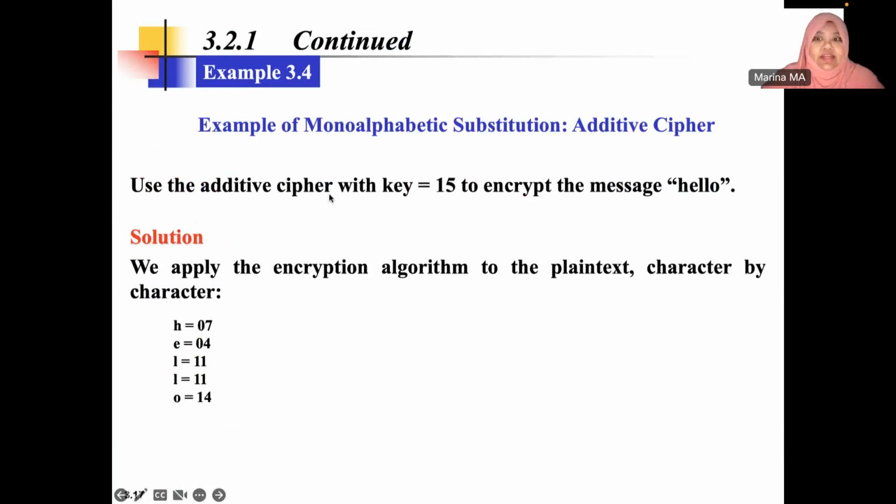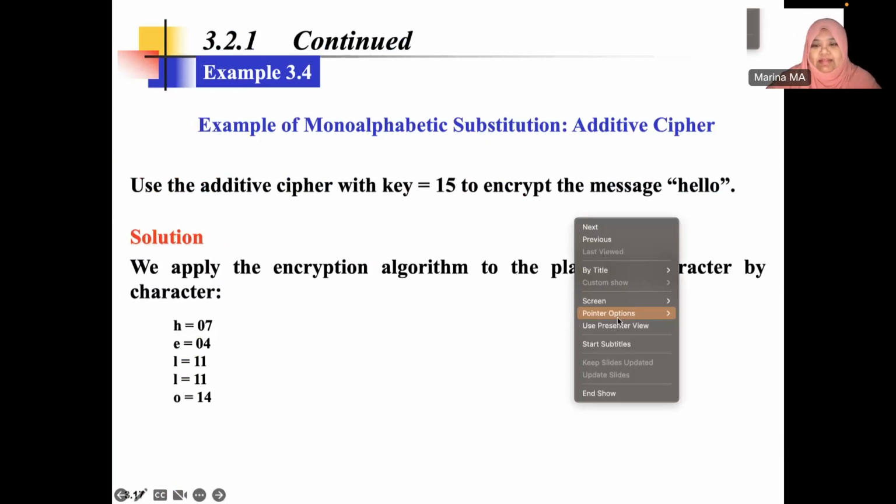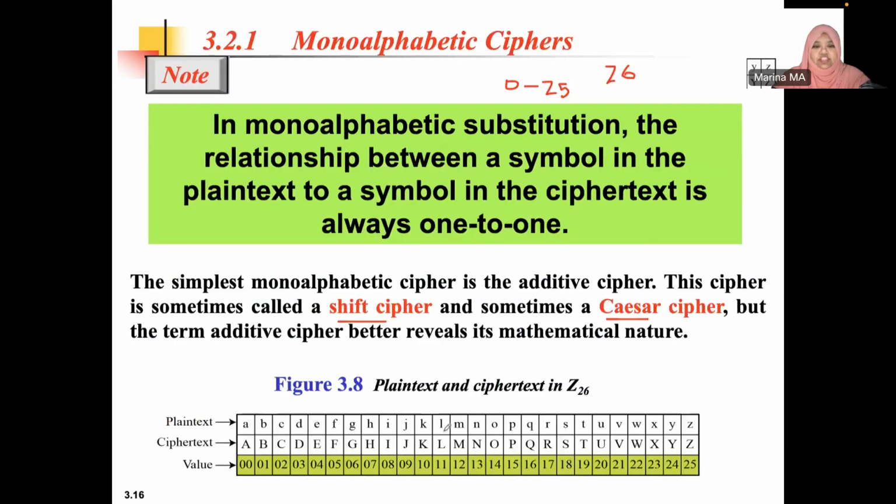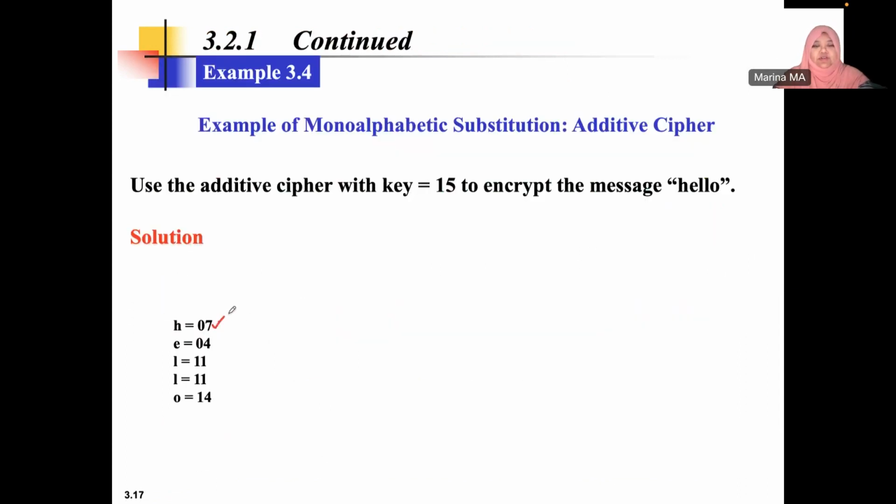How do we apply additive cipher or Caesar cipher or shift cipher? This is what I call plain text. So hello is a plain text. From here you know what H is: H is 07.